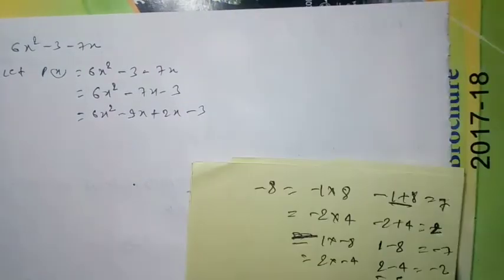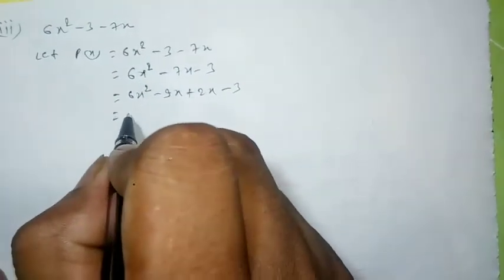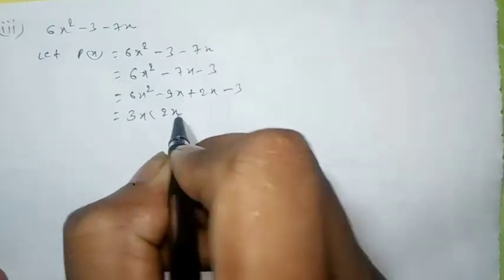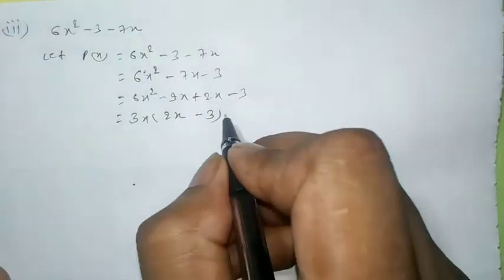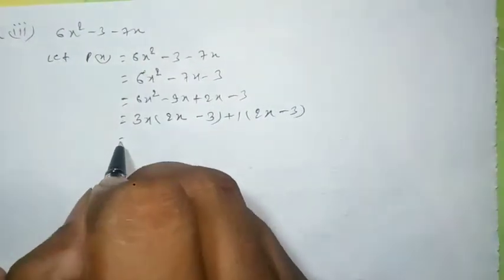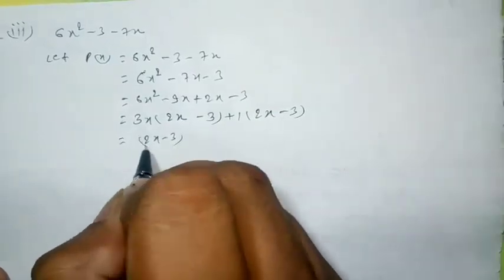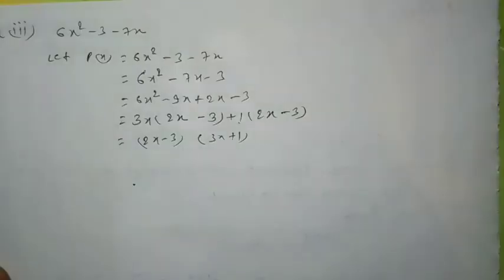Okay, is equal to 3x common, 3 times 2 is 6, minus 3 times 3 is 9, plus 1 common, then 2x minus 3. 2x minus 3 is common, then 3x plus 1.